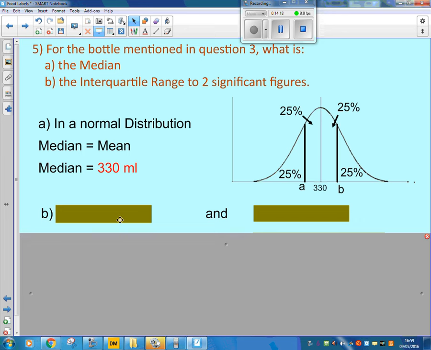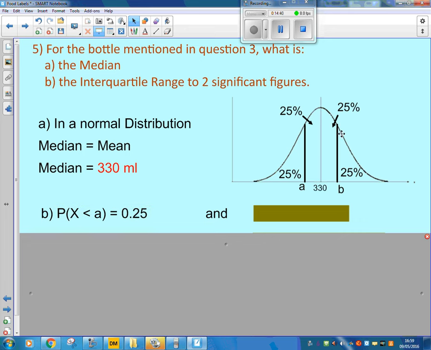So if I want my upper quartile and my lower quartile, the lower quartile is below A, and that's got to come to 25% or 0.25, and below B has got to be 75%. So the probability for X below A is 0.25.